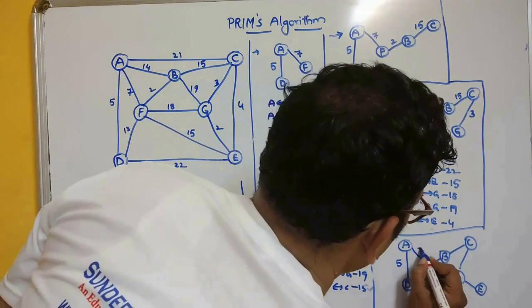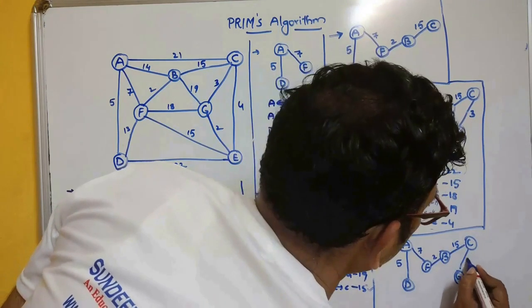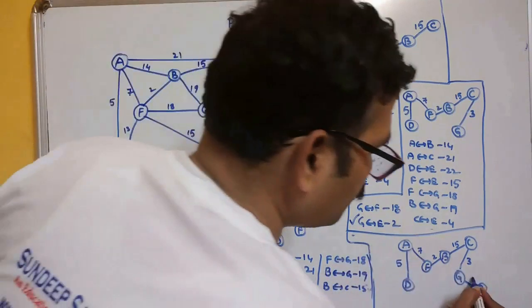It's a 5, and it is 7, it is 2, it is 15, it is 3, and again the last one is 2.